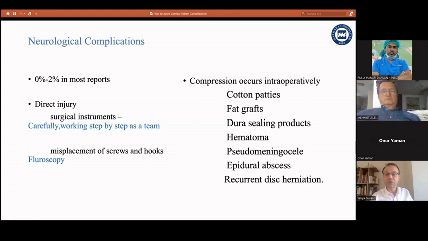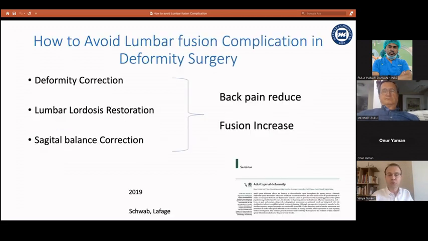For example, with cottons, with fat graft, with dural sealing products, with hematoma and pseudomeningocele after operations, and epidural abscess and recurrent disc herniation, again late neurological complications.